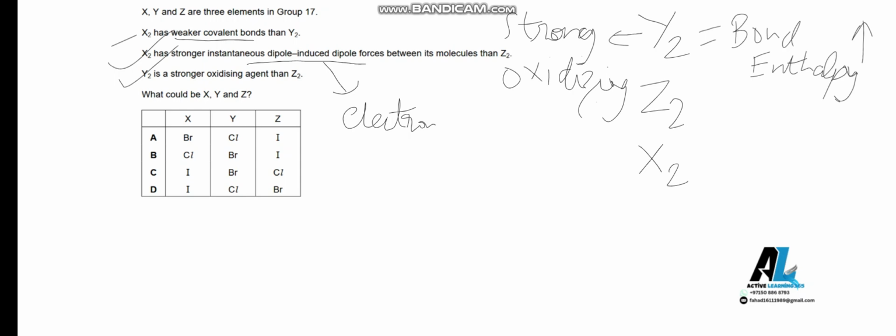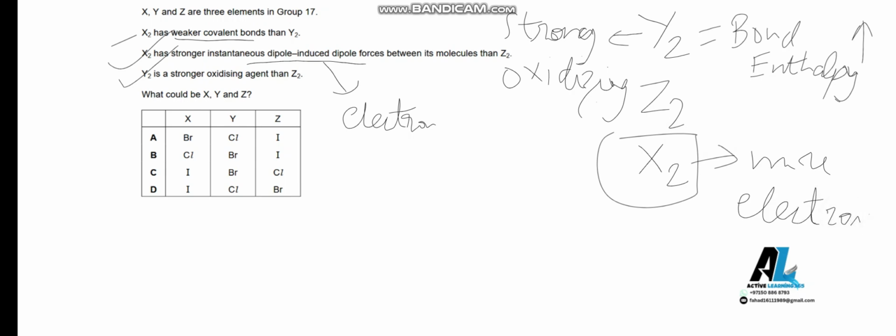That means X2 has more electrons because it has a greater proton number. So X2 will be at the bottom since it has more electrons.